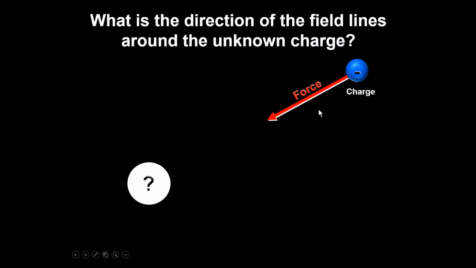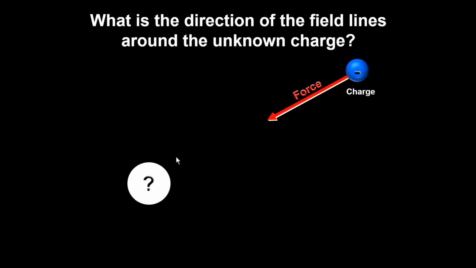So if I had a negative charge, an electron, and it is experiencing a force in this direction due to an unknown charge, what would be the direction of the field surrounding that unknown charge?